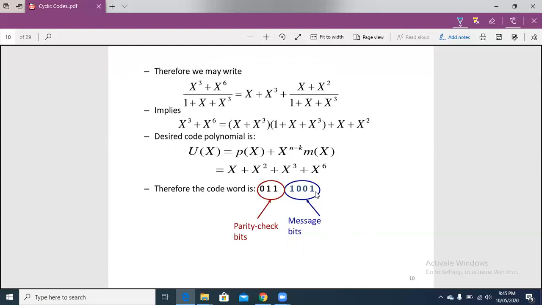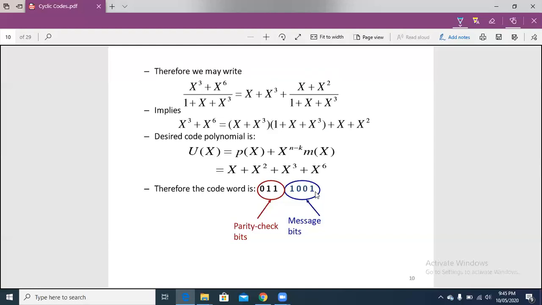So that's very simple. Actually, this has a relationship with the linear block codes. In linear block codes, we use the generator matrix, and for systematic code words, we have the systematic generator matrix.